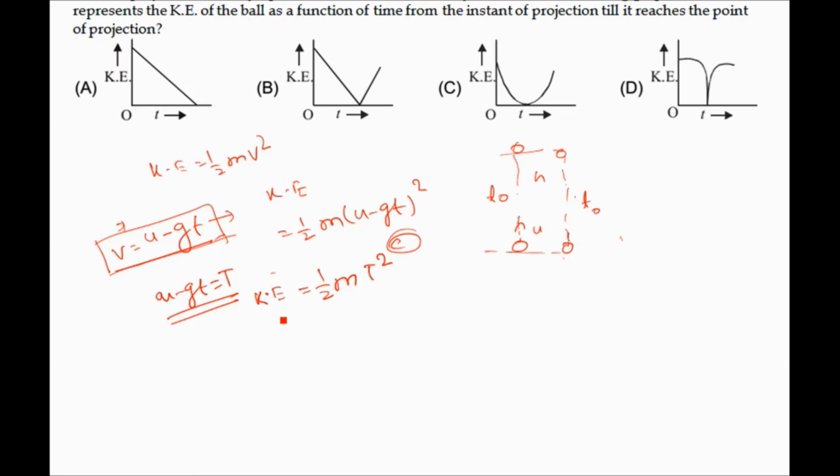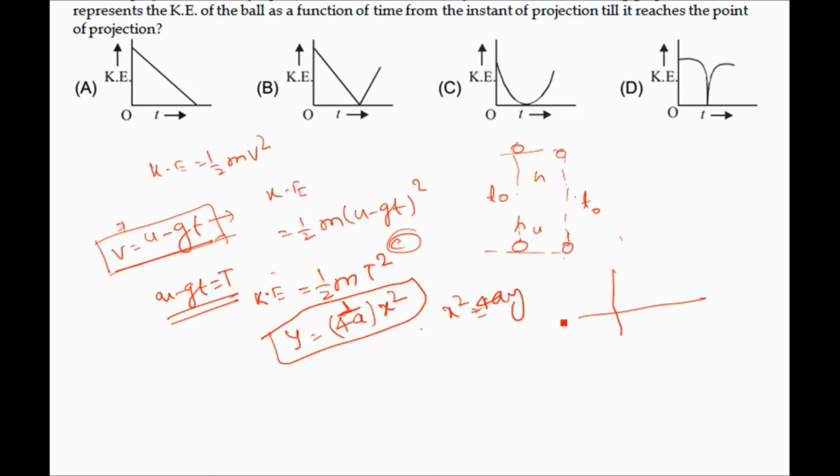If you see this, it's a form of y is equal to some constant into x square. We denote this constant by 1 by 4a, so it's the form x square is equal to 4ay, and the graph of the standard equation x square is equal to 4ay is this way.